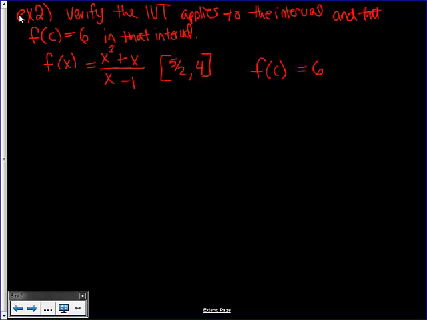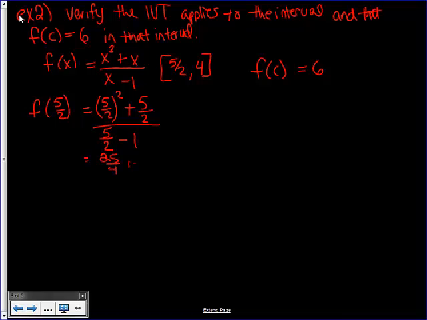So, first thing I'm going to do, as I did before, is plug in my endpoints. So we're going to find f of 5/2. Now you don't necessarily have to have a calculator for this, so we have 5/2 squared plus 5/2 over 5/2 minus 1. Well, that is 25 over 4 plus 5/2 over 5/2 minus 1.